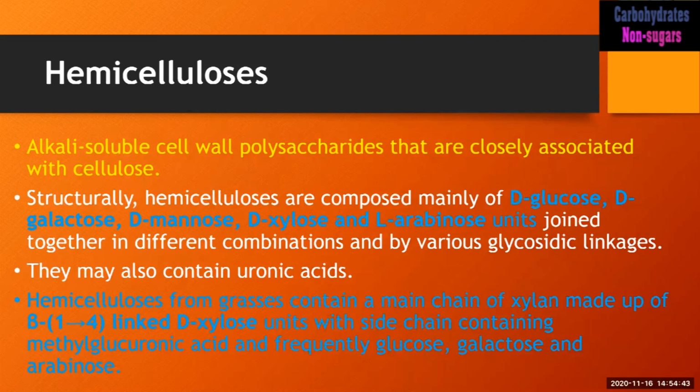Hemicellulose from grasses contains a main chain of xylose, which as a polymer becomes xylan, linked together through beta-1,4 linkage. The side chain consists of methylated glucuronic acid and frequently glucose, galactose, and arabinose.